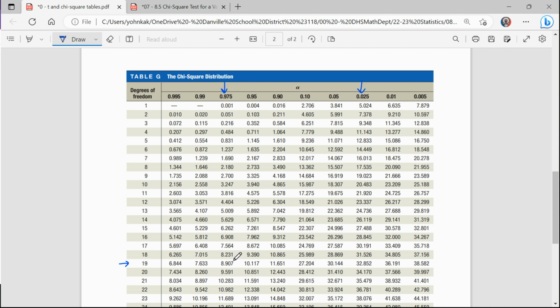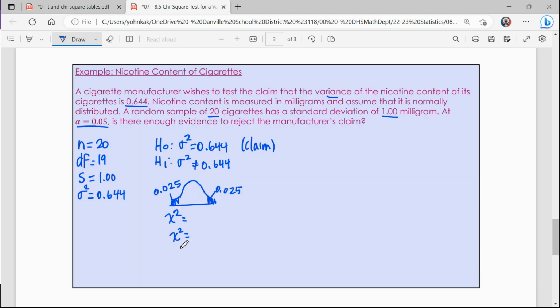So we've got 8.907 and 32.852 are our two critical values. The first one was 8.907. The second one was 32.852.